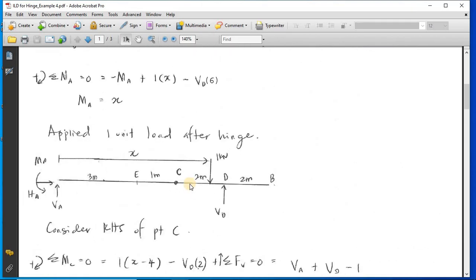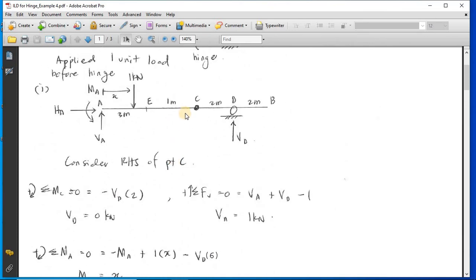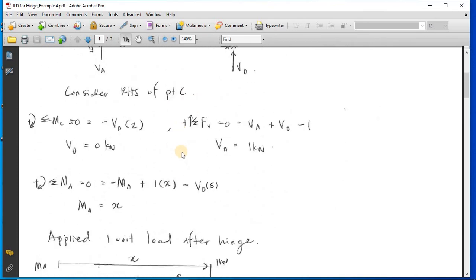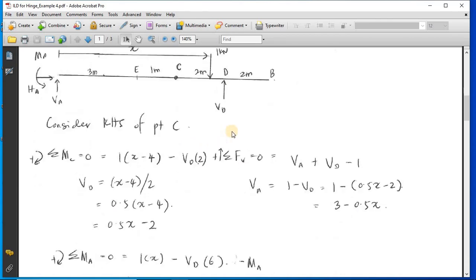So we have two sets of equations, before hinge and after hinge of the 1 kilonewton load.